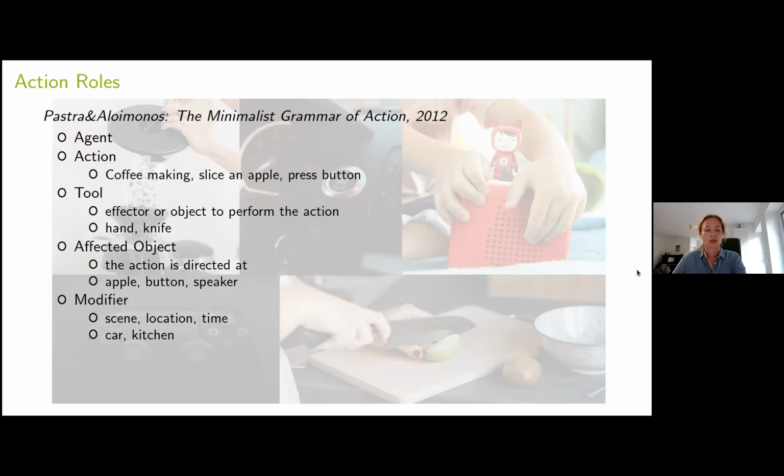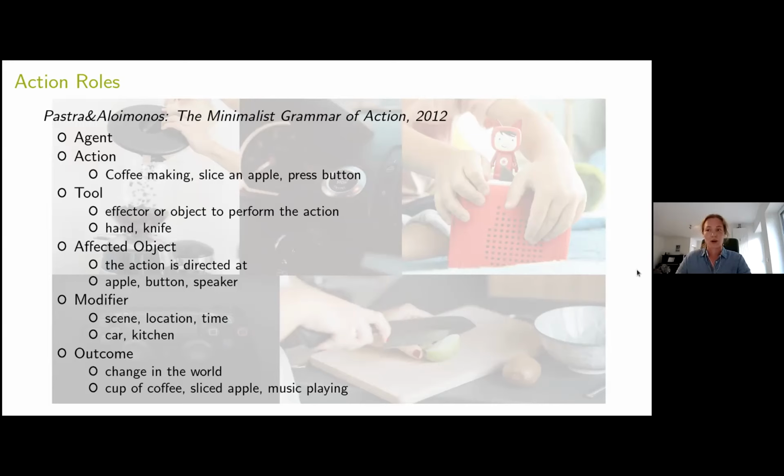So you usually cook in the kitchen, or you think about starting your car when you're sitting in it. And of course, we have the outcome, which is then the change in the world, what happens in the world. And this is also often the goal of an action. So that you get your cup of coffee, that you have the apple pieces, or the music that is playing.